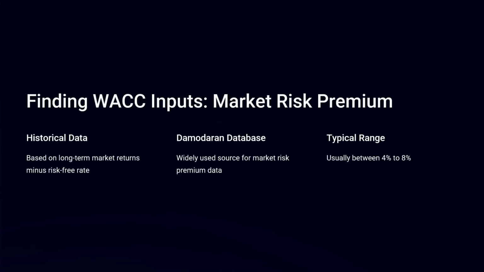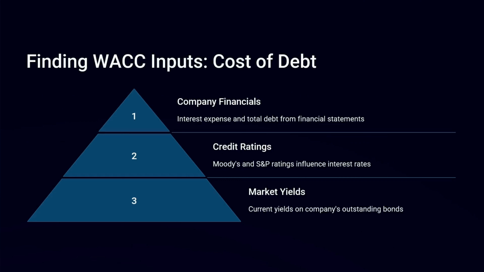It can also be estimated from the Damodaran database, which is a widely used source for market risk premium, and it is typically between 4-8%. Then for the cost of debt, we check the financial statements of the company, where we can find the interest expenses and debt. For credit rating, there are agencies like Moody's and S&P that influence borrowing cost.